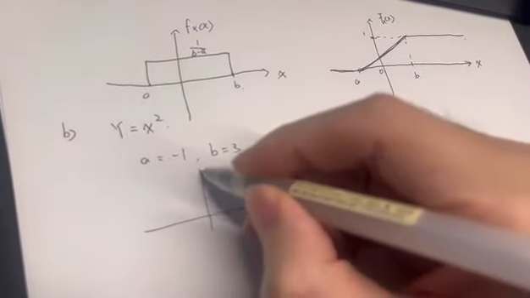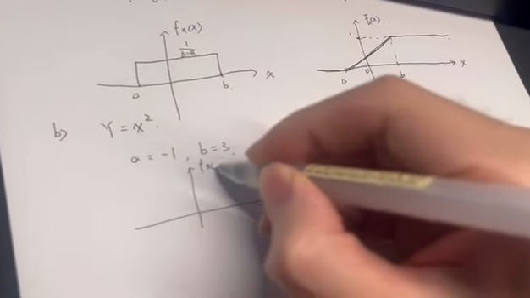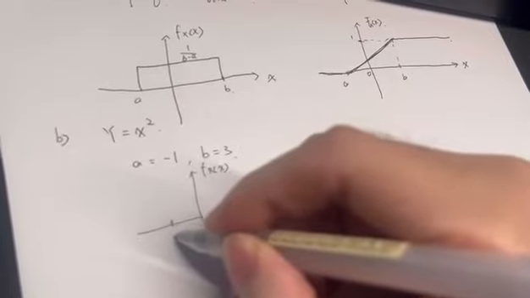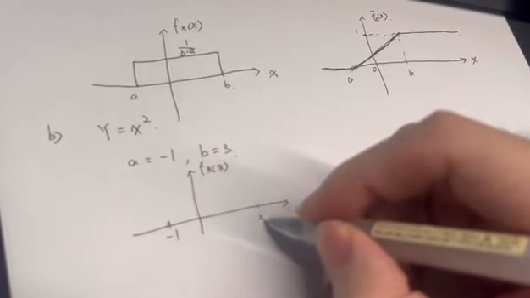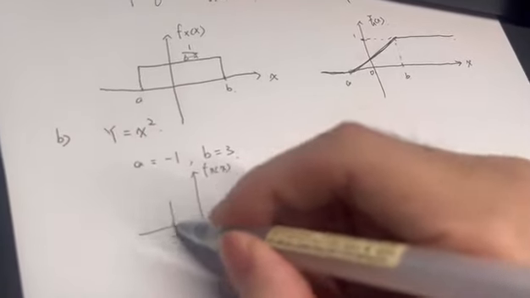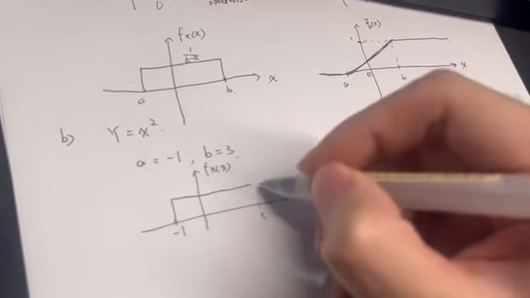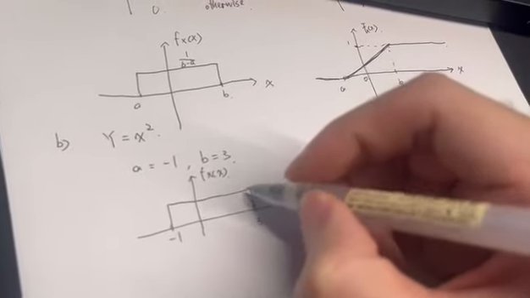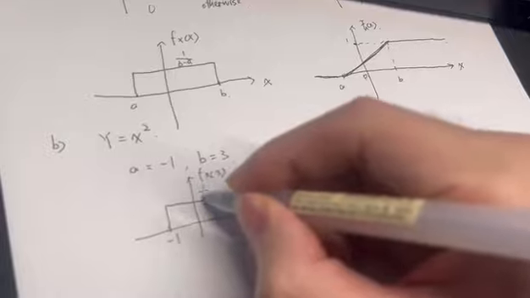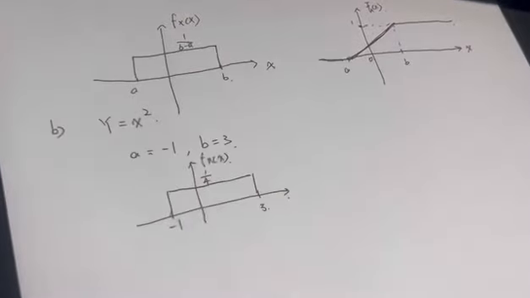The density function for X will look like this. A is -1, B is 3, and the value 1 divided by (B minus A) is 1 divided by 4.